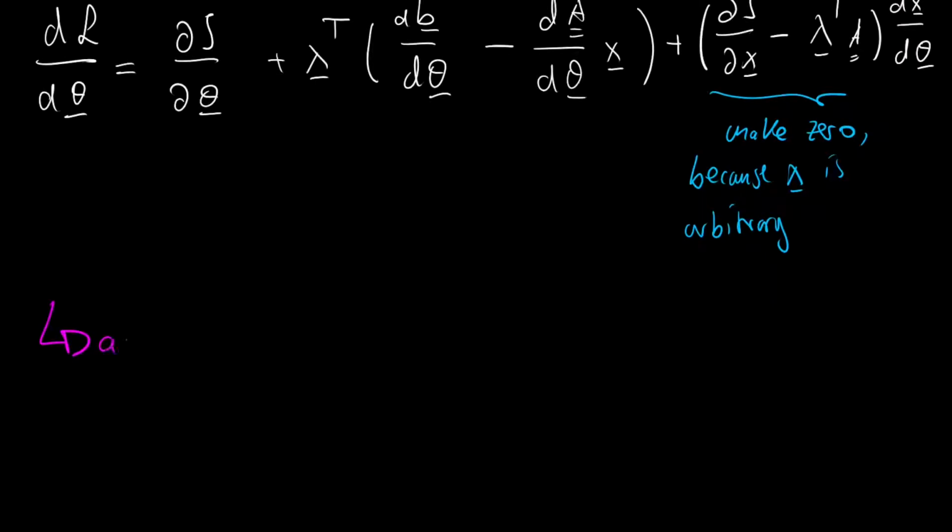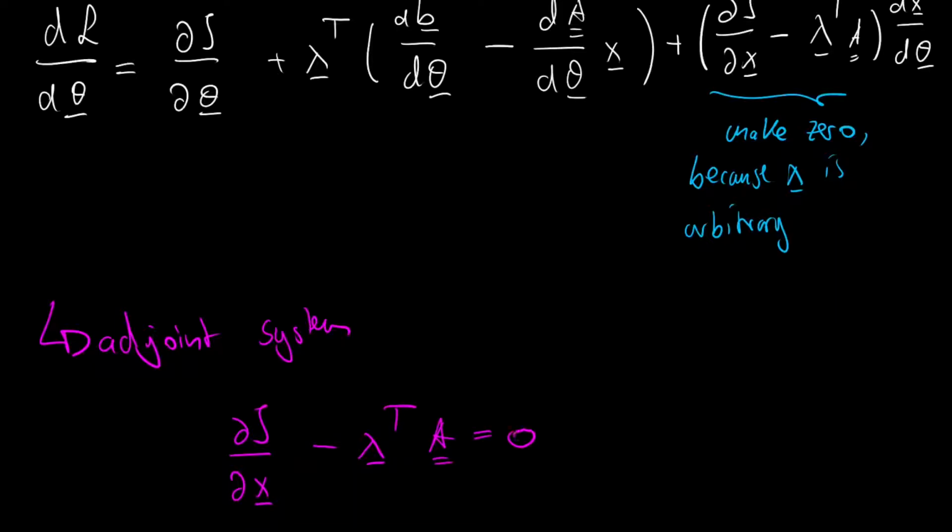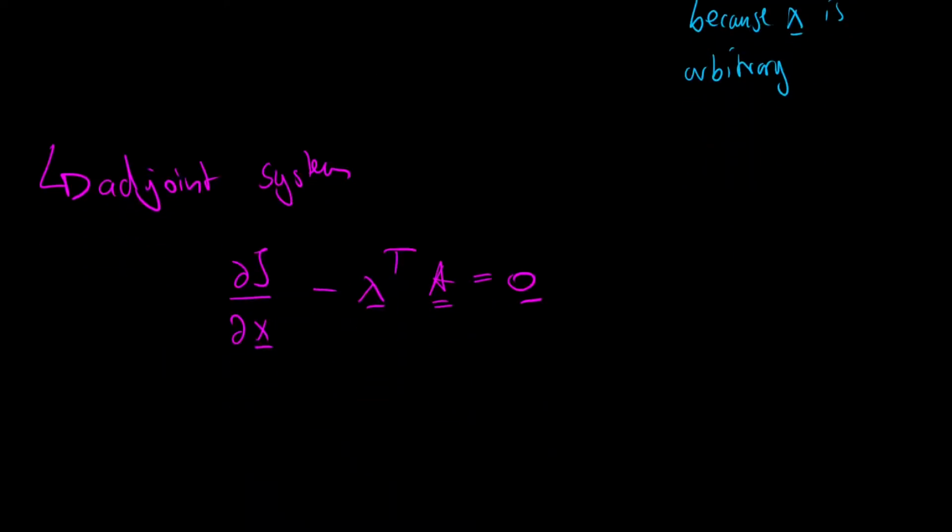So then we get the adjoint system, and the adjoint system will then be dj by dx, or partial j partial x, minus lambda transpose times A is 0, or more precisely, the 0 vector. Then let's rearrange this for lambda.